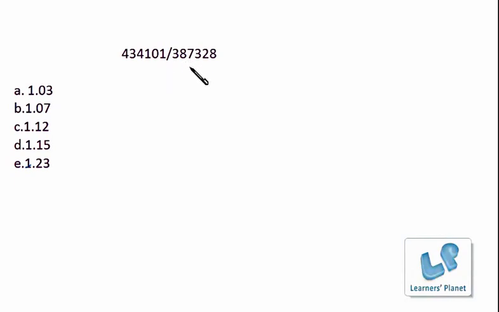So the percentage increase in the numerator and in the denominator is not the same, so you may arrive at the wrong answer because the options are quite close to each other. It is 1.03, 1.07, 1.12, 1.15 and 1.23, right? So if you get 4.4 by 4, what will be the answer that you will get like 4.5 by 4?